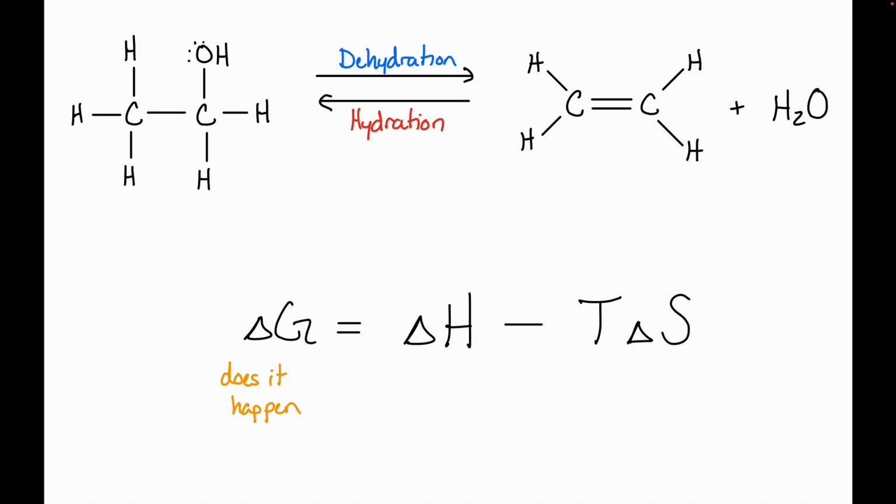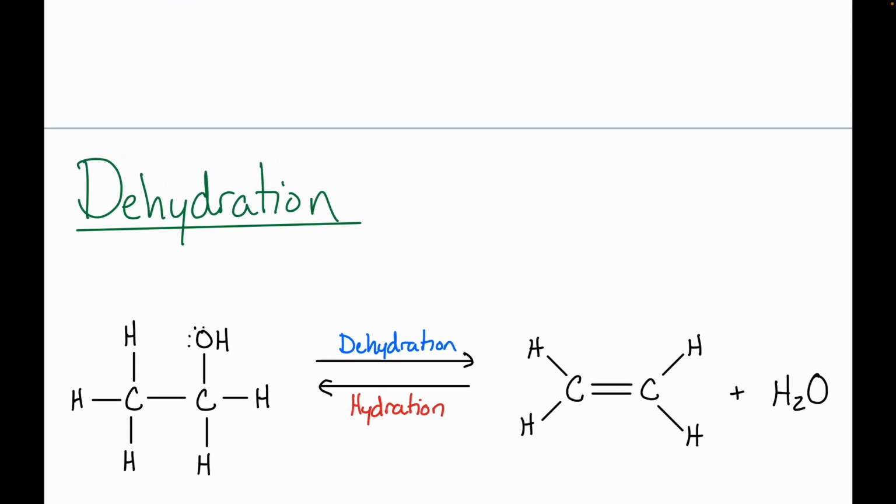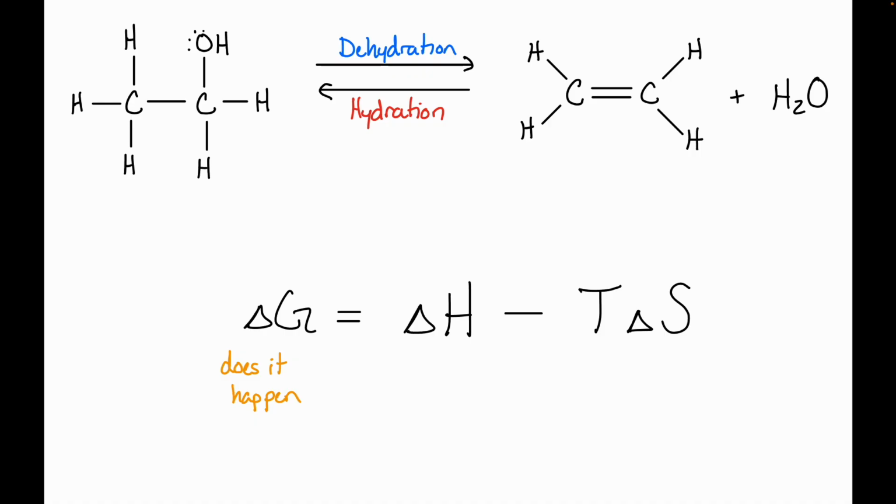Delta H is what we call enthalpy, or the heat released or absorbed by that reaction. This is a result of bond making and breaking in a chemical reaction. We have to put energy in to break a chemical bond, but then energy gets released when that new bond is formed. That's the delta H of our reaction. For this particular reaction, it turns out that the reverse direction, going from alkene to alcohol, is more favorable from an enthalpy standpoint.